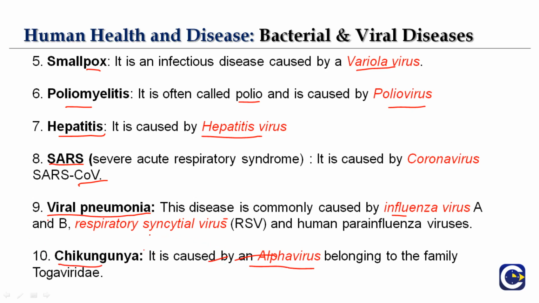So this is a list of other viral diseases, and all these are caused by viruses, and as I already mentioned, viruses require a host cell to survive in, and mostly the virus will have either RNA or DNA. They cannot have both. The genetic material can be either RNA or DNA.